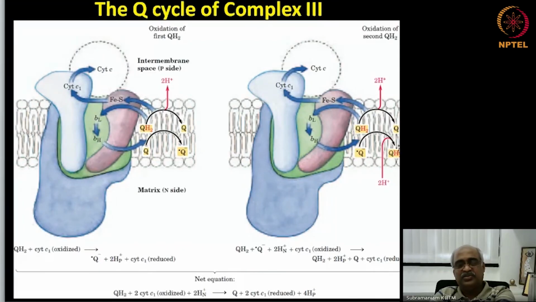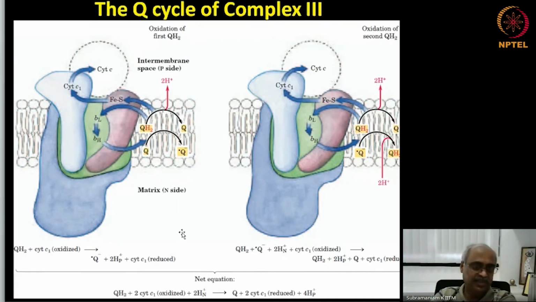Now this is reduced to QH2. So the end result is actually one QH2 becoming Q. We have taken two QH2, but we returned one of it back. So 4 protons are taken from the matrix, 2 get used for this and only 2 are pumped out. And this is what the Q cycle is.